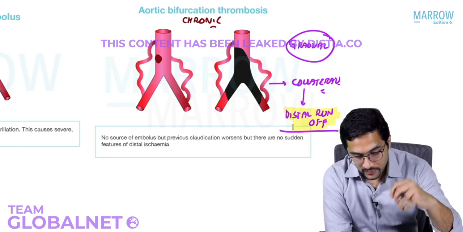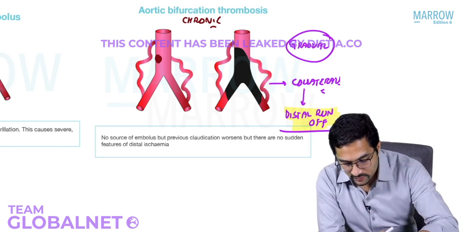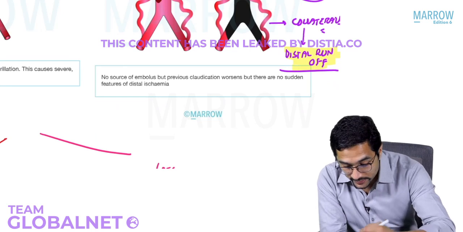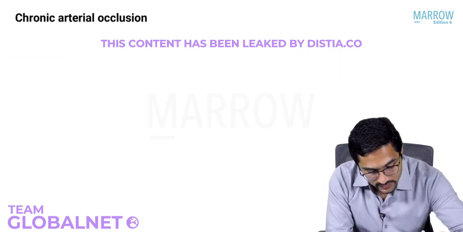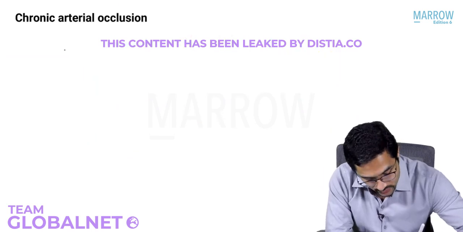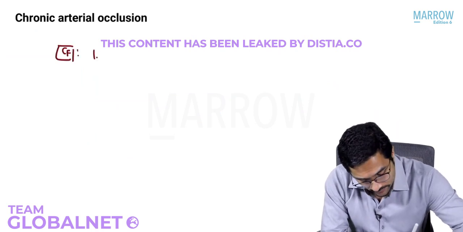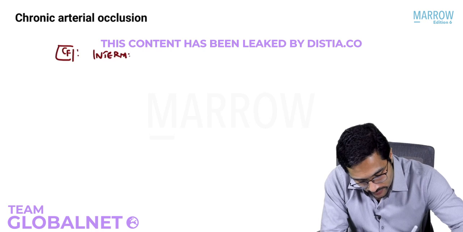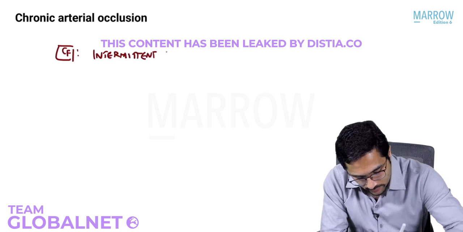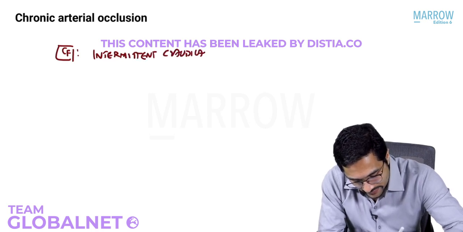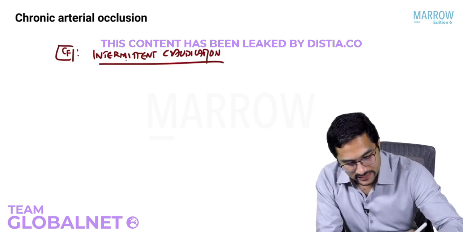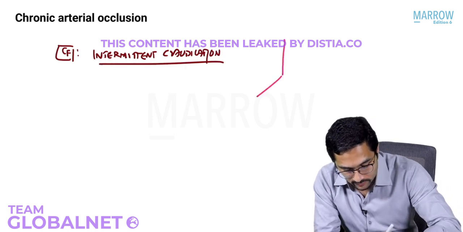Now, how do these patients with chronic arterial occlusion present to us? The clinical features of chronic arterial occlusion: these patients are going to come with intermittent claudication. Intermittent claudication means that at rest, there is adequate blood supply.